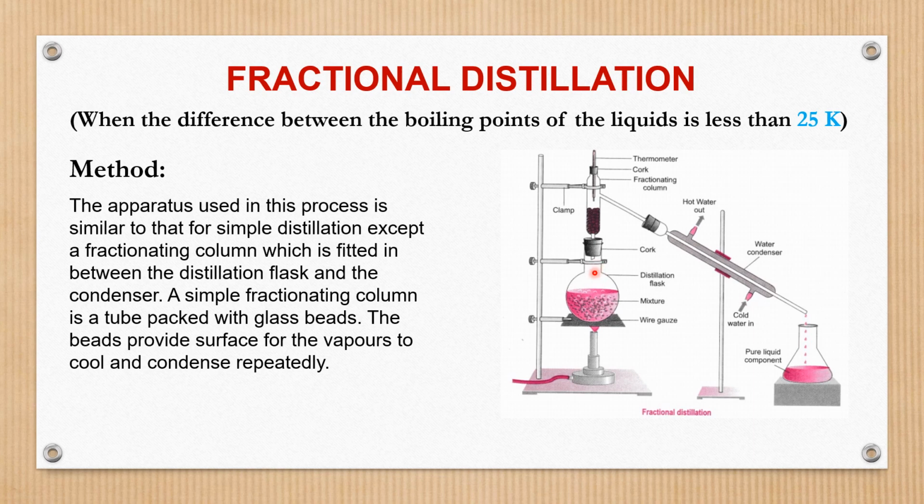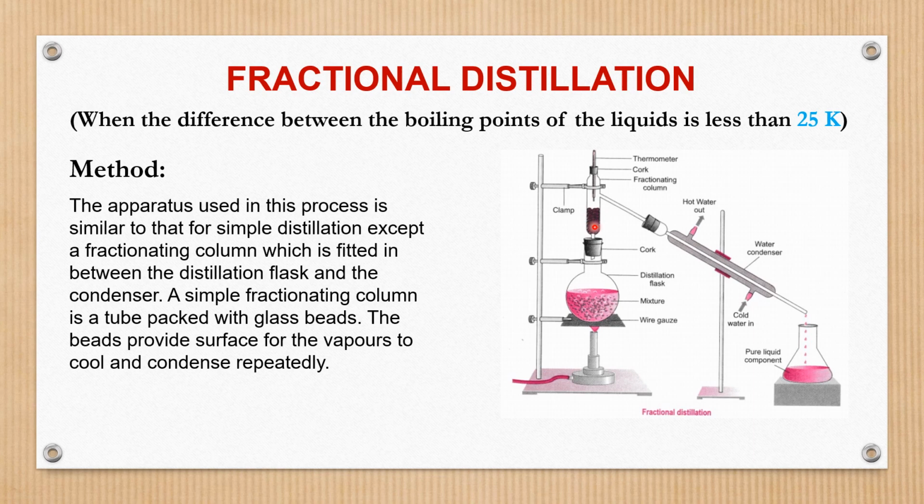And B and C have boiling points more or less the same. So A comes first and goes through this fractionating column, and the column is packed with glass beads.